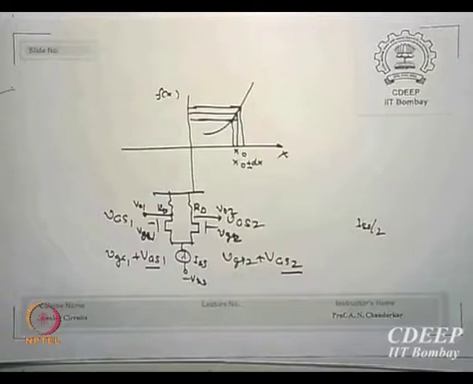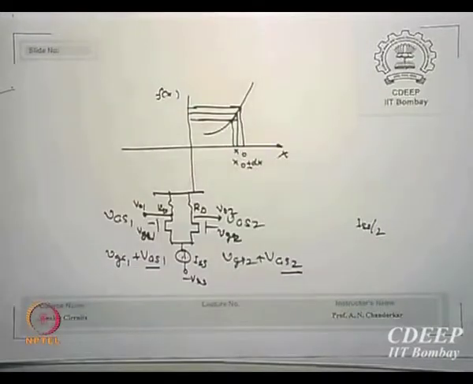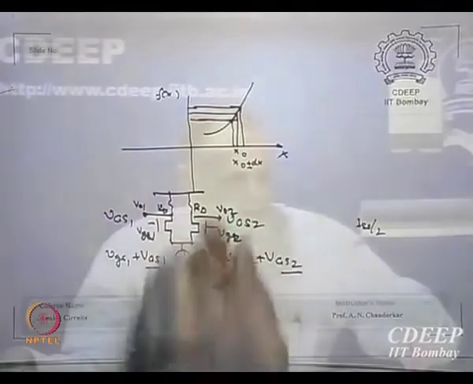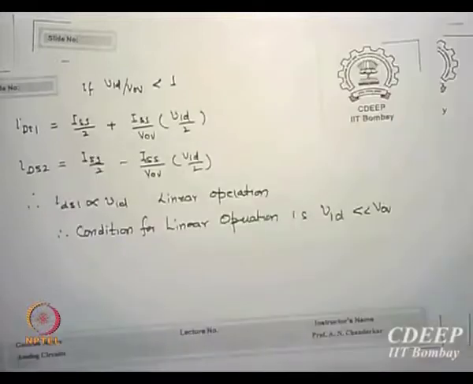If you increase it, because the curve is non-linear, one cannot guarantee that linear expressions can be used, but the condition is, if you have a dx variation, where VID is a small AC signal which is much smaller than the DC value, then the AC currents are proportional to the difference signal.